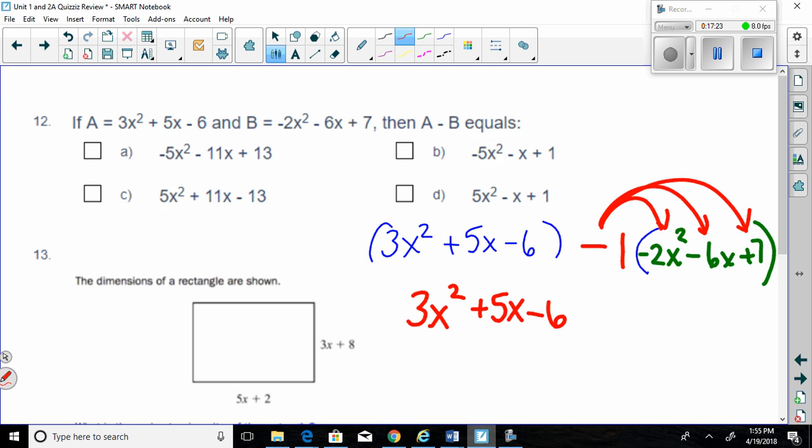If you're going to remember that, then you don't need to go through all that. But this is to remind you do need to change the signs. So like, what would this first one change to? Positive 2x squared. And this one would change to positive 6x. And that one would change to negative 7. If it's a plus sign, Christian, then you don't need to do that because you can just drop the parentheses. Does that make sense?